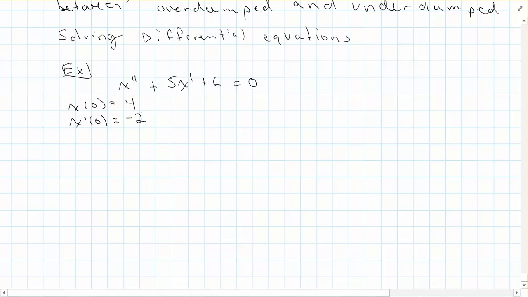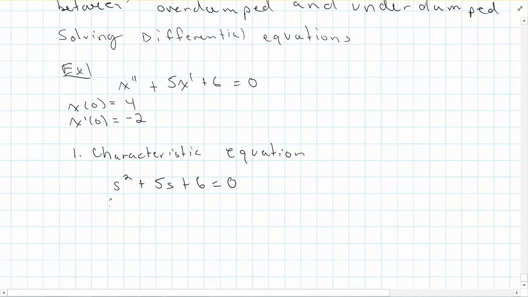So to solve this, remember our first step is to write down the characteristic equation. So what are we going to write down here? Well, this would be s squared plus 5s plus 6 equals 0.